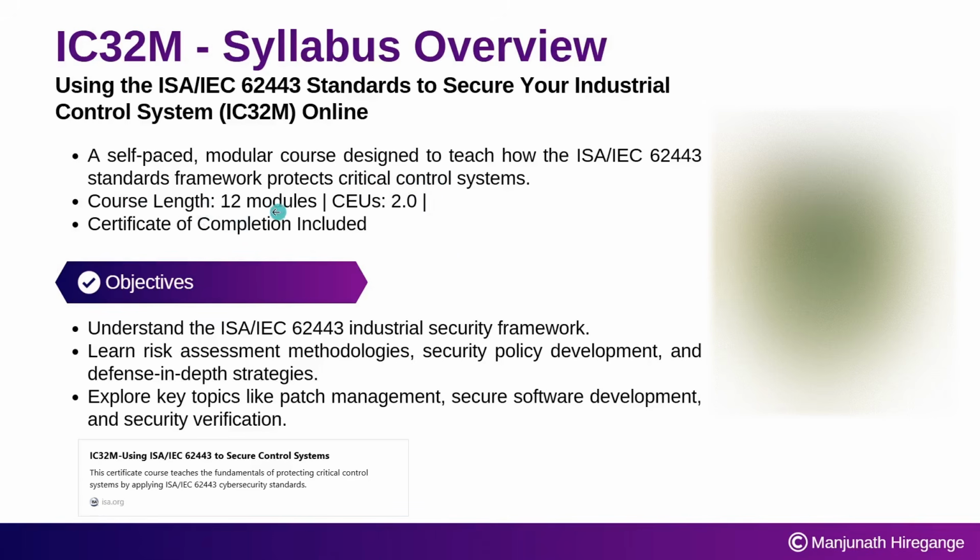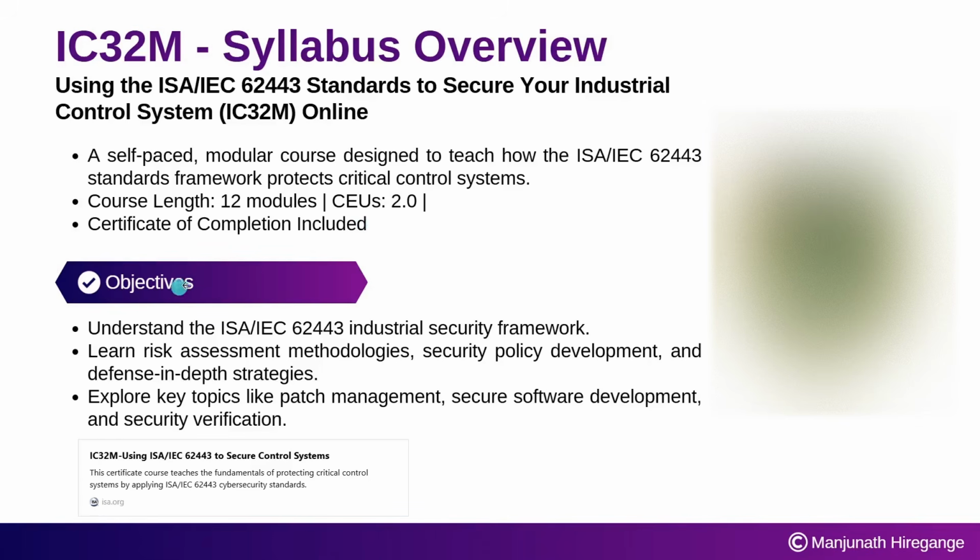It is divided into 12 modules covering key aspects of the 62443 standards, and it also provides you two CEUs. Upon completion, you will receive the course completion certificate. Once you get that, you can send the course completion certificate to the ISA to get the exam code.